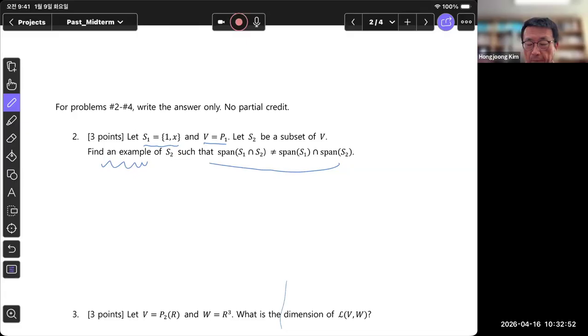Many students may have different answers, so you can have your own answer, and if your answer satisfies this statement, then you get the full credit. And in number two, I'm just asking for the answer only.